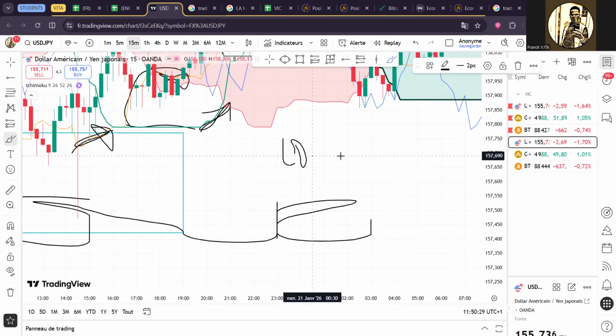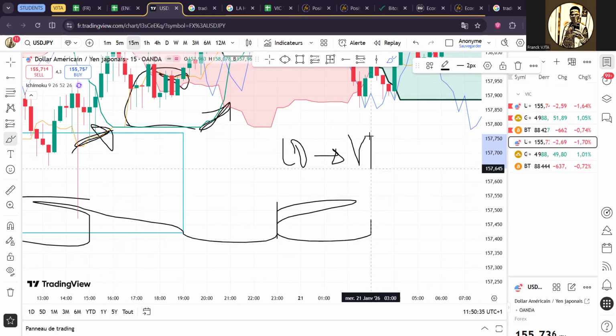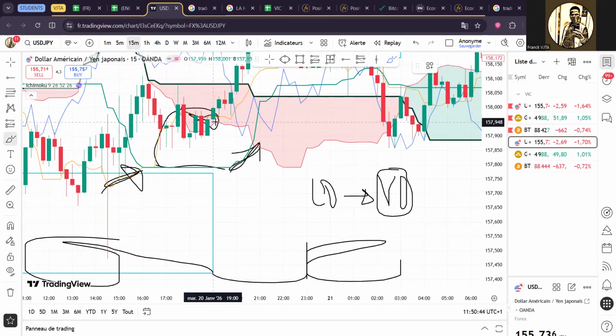Then when linear orientation has already happened, comes then the voluminal orientation. When the voluminal orientation like TK cross exists, stop looking at the bending of Tenkan. If you look at the bending of Tenkan, it will confuse you. Just stay with the voluminal orientation and take any buys of candles that are inside here. Okay.